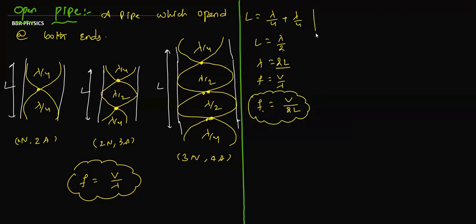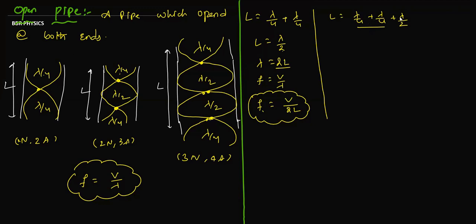Next case, we are going to discuss the F2 value. If you want to discuss the F2 value, check. Lambda by 4 plus lambda by 2 plus lambda by 2. Therefore, L equal to lambda by 4 plus lambda by 4 plus lambda by 2. Lambda by 4 plus lambda by 4 is nothing but lambda by 2. Quarter plus quarter is half. Half plus half is full.